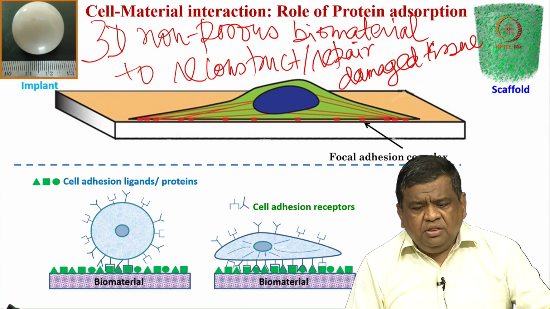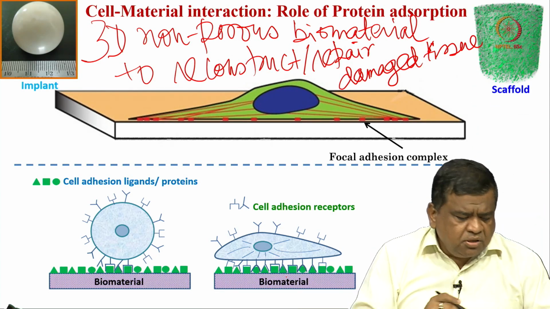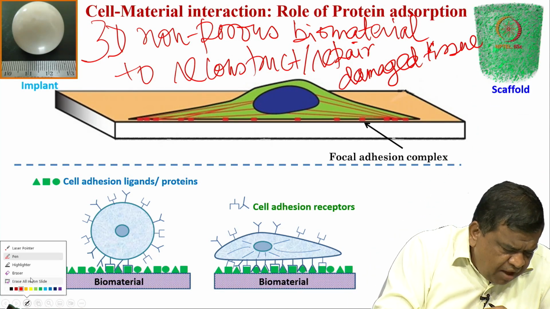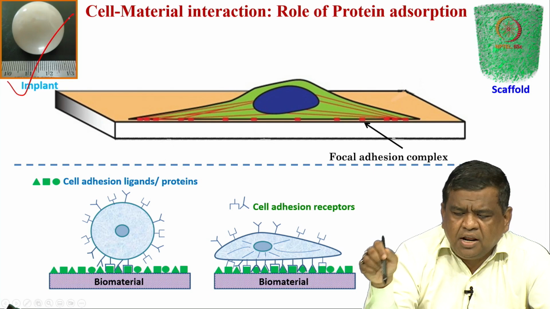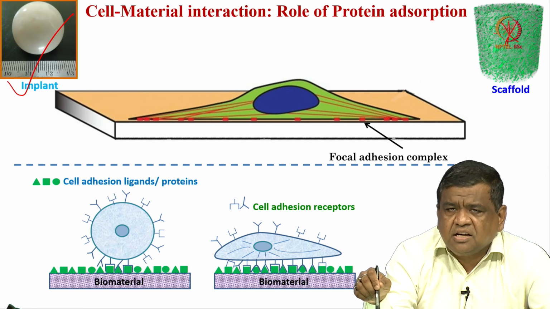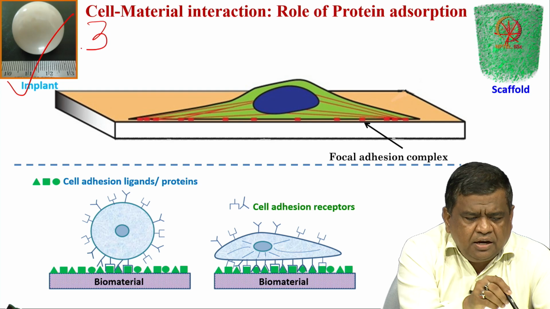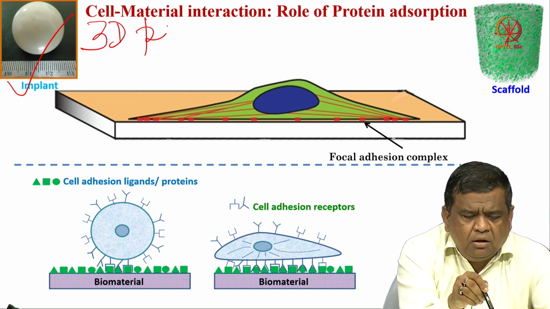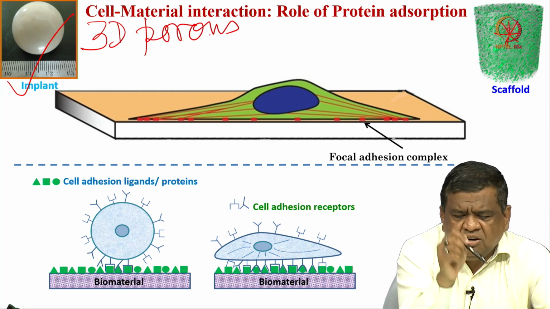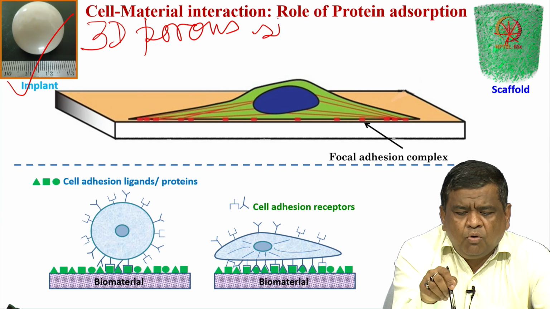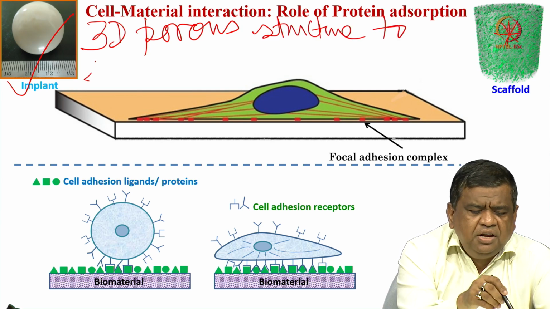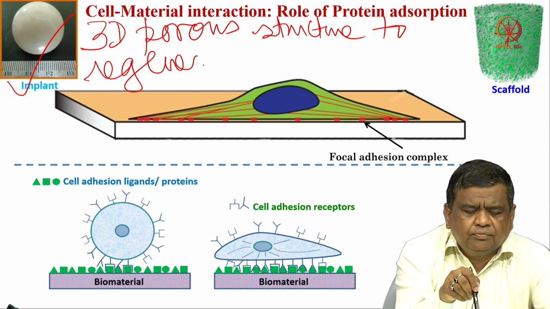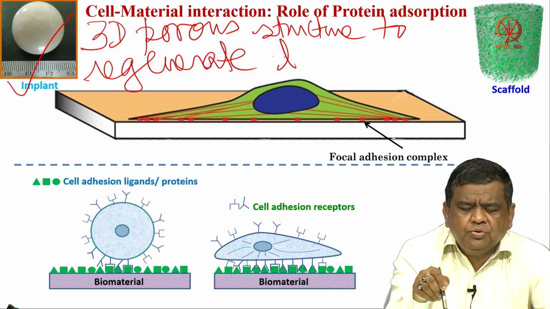Right. So, then come the examples of the scaffolds. Implants I have already covered. I am essentially describing the scaffold now. It is a 3-dimensional, porous, and often interconnected porous structure to regenerate tissues.